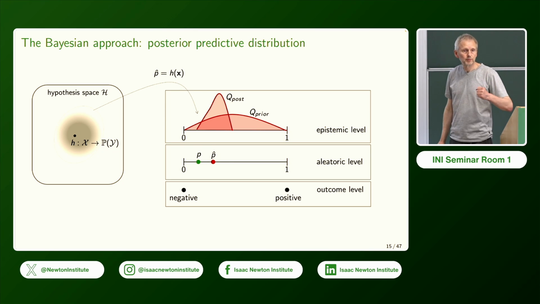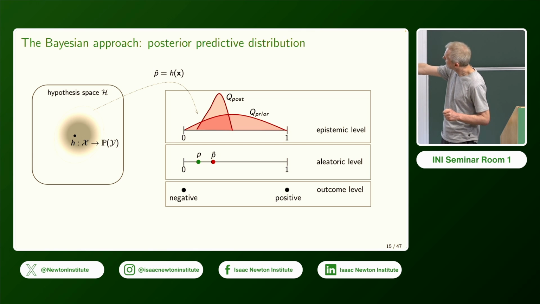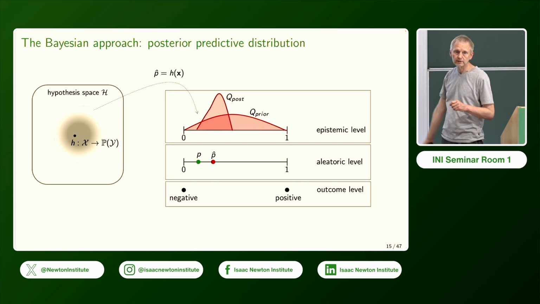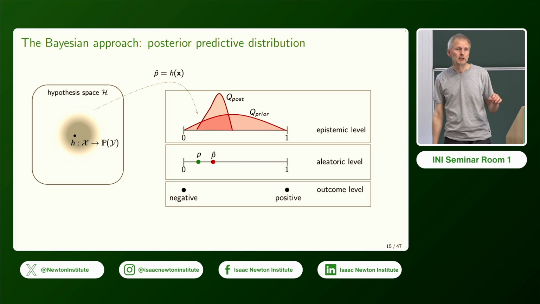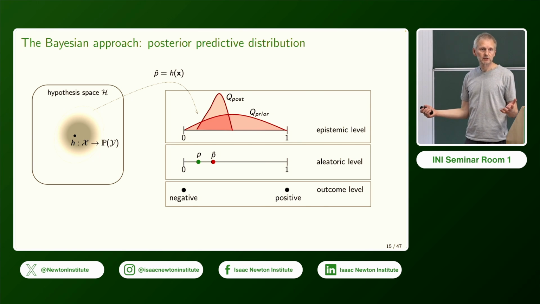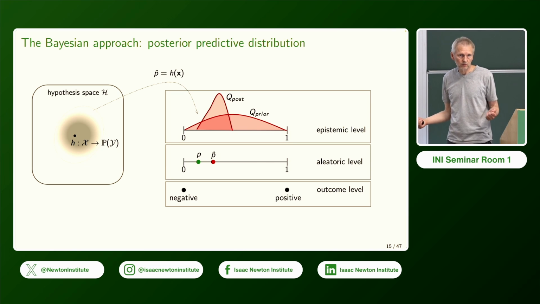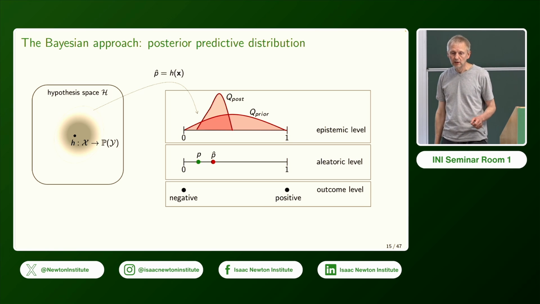And then when you want to make a prediction, you compute the posterior predictive distribution, which is just the image of the posterior under the mapping dictated by your predictor. And this is a second order distribution, which is exactly what we want. So this is a distribution on the epistemic level.